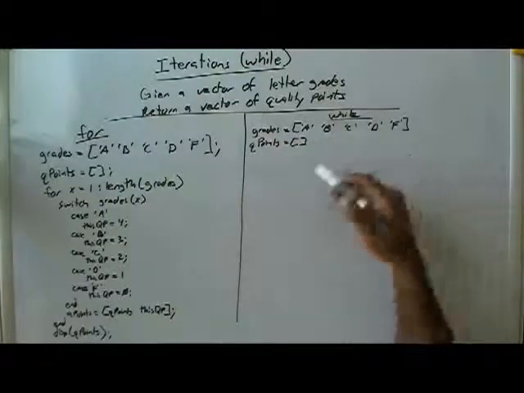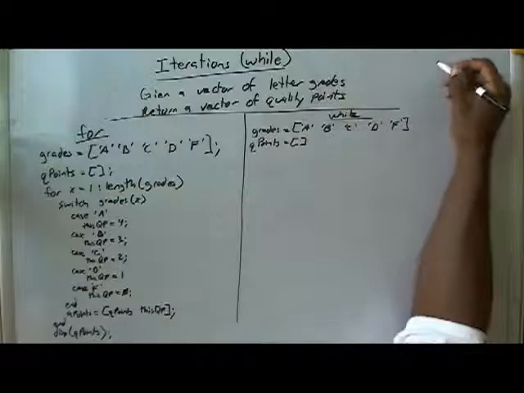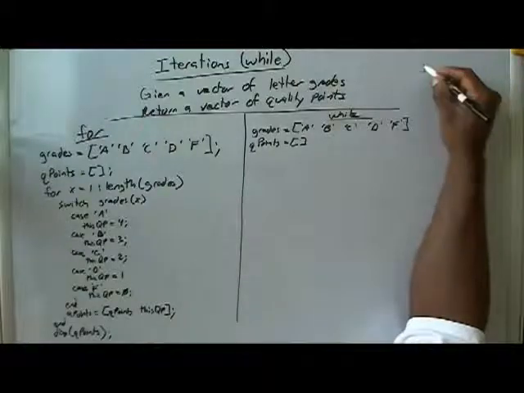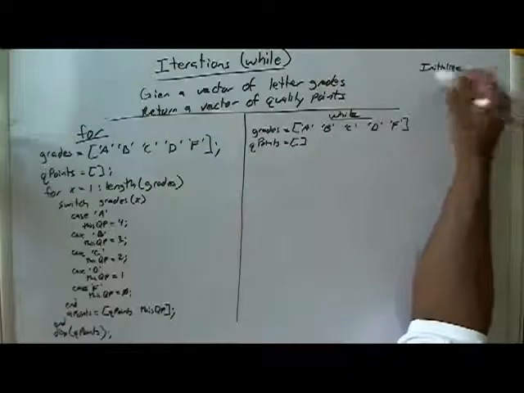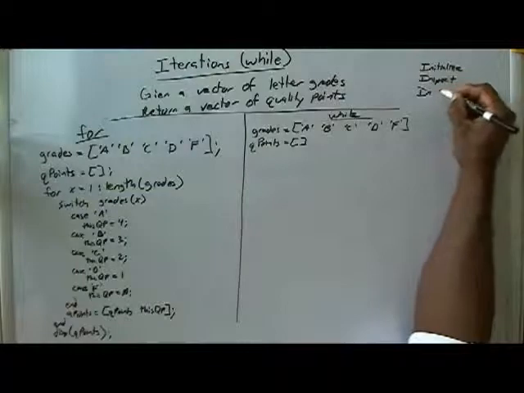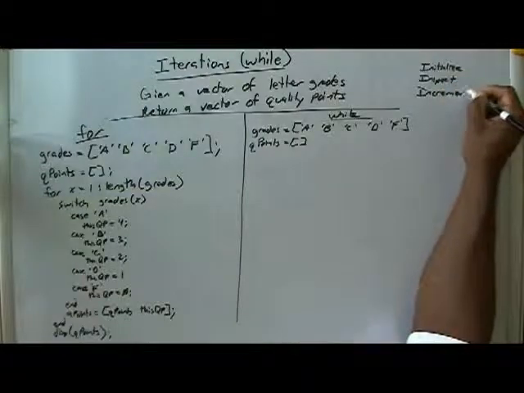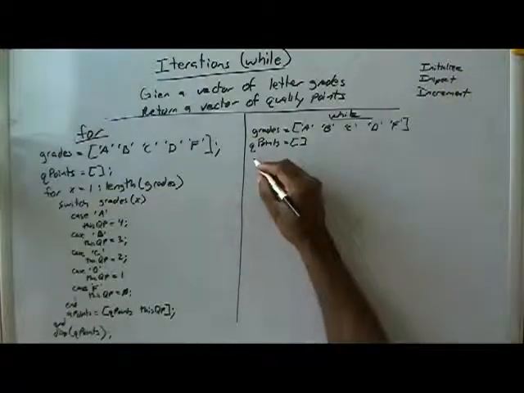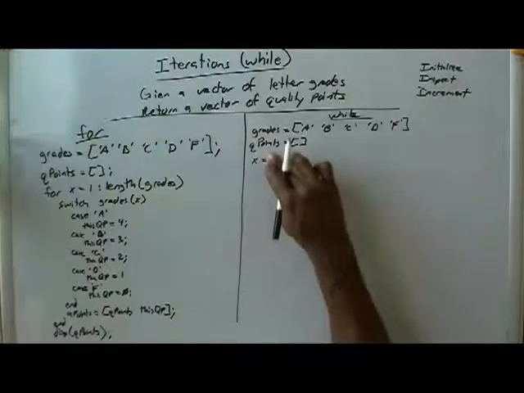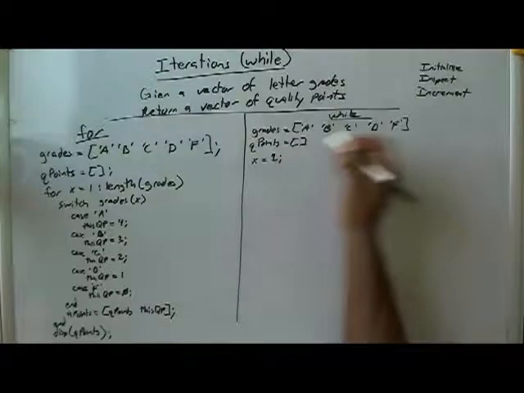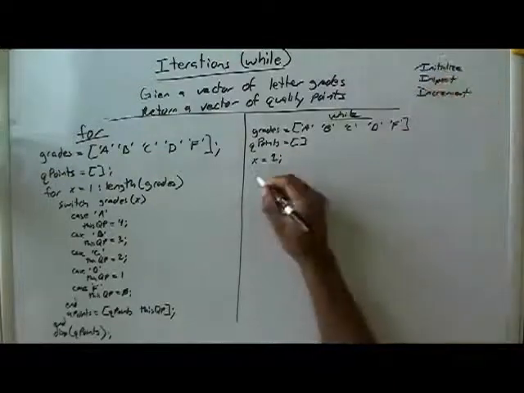Now before we enter our iteration, let's note it again. With the while loop, we have to initialize, inspect, and increment. Okay, so we have to initialize our loop variable, which is x. We're going to start off with x equaling 1. So that takes care of initializing.